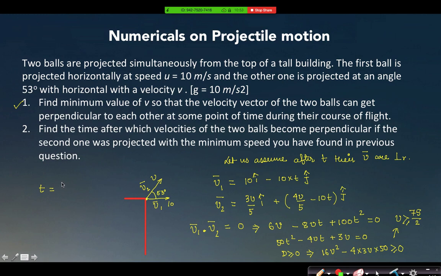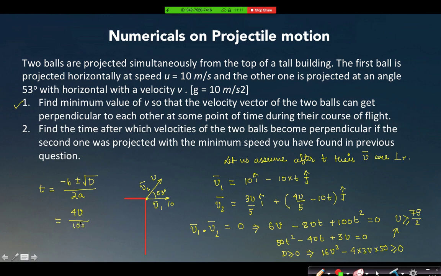Minus b plus minus root d by 2a. Now the discriminant is 0, so the solution is minus b by 2a only. Here minus b is 4v, divided by 2a, which is 100.